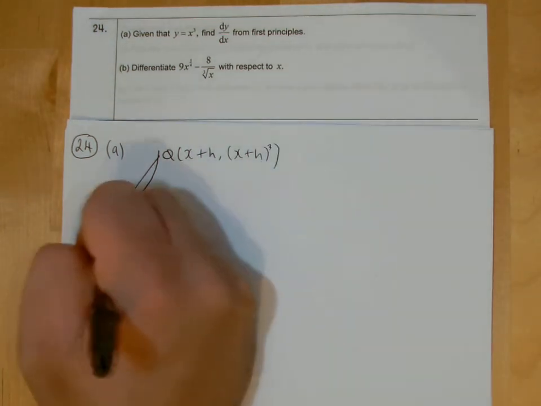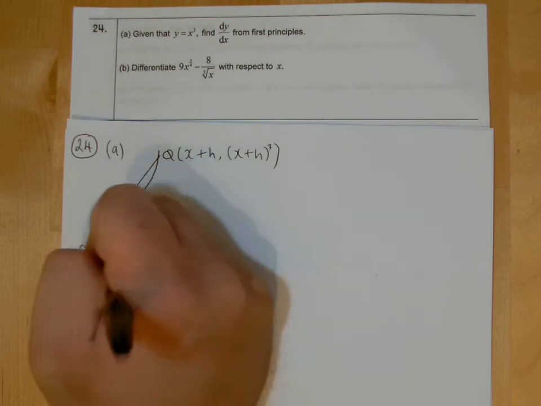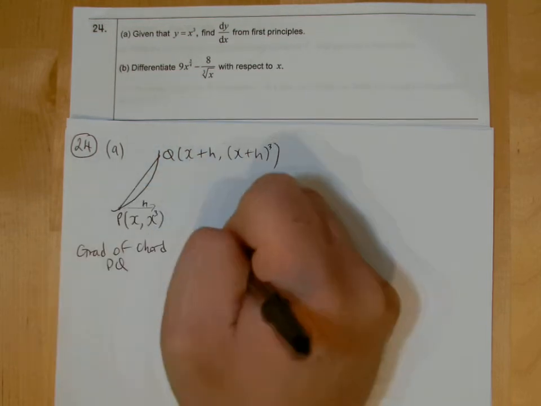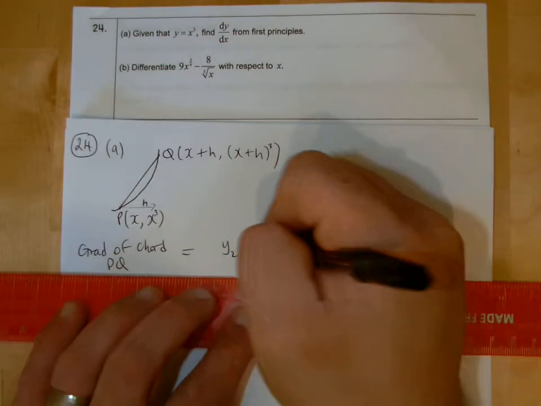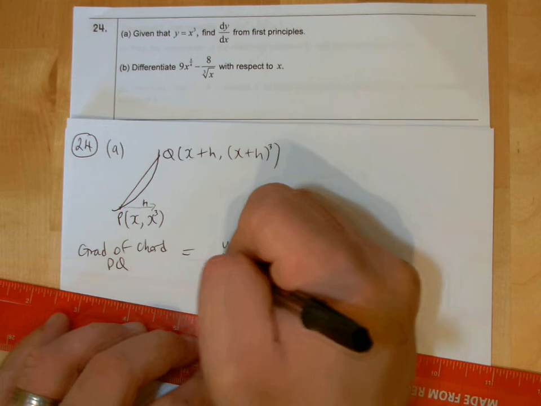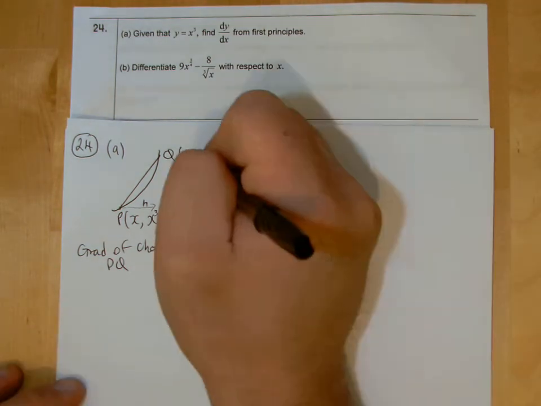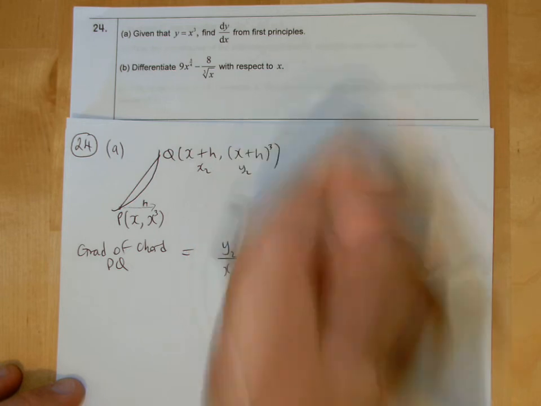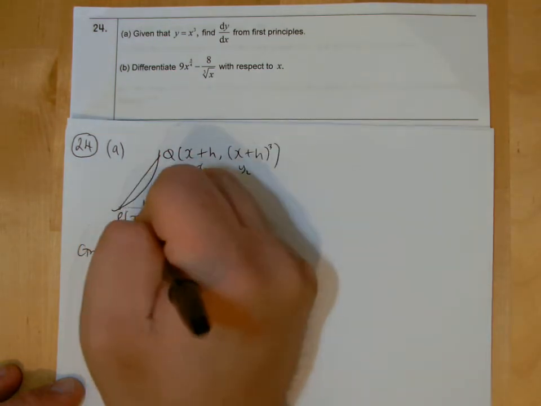So the gradient of chord P to Q. Now remember, we use the formula, don't we, which we use from coordinate geometry to work out the gradients. The difference in y's divided by the difference in x's. Okay, so in this case, I'm going to call this my x2, y2. I always call the Q coordinate x2, y2, and then the P coordinate x1, y1.